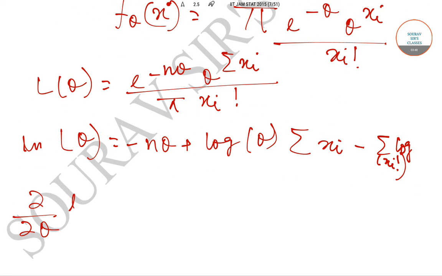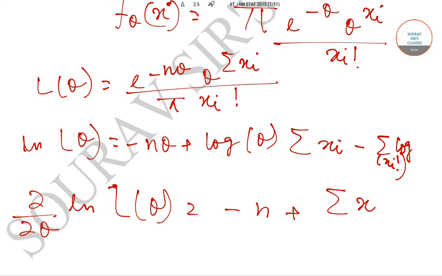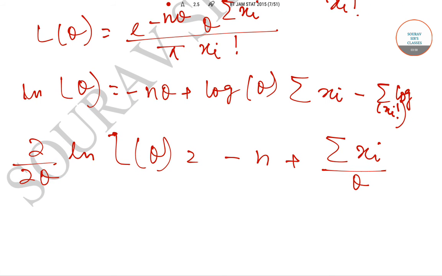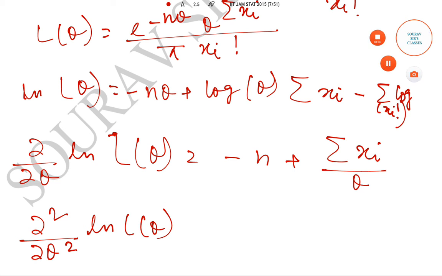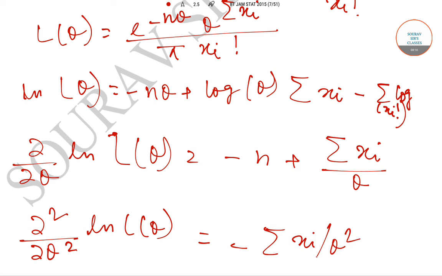Del theta of ln L theta is equal to minus n plus summation of xi by theta, and this gives us del 2 ln L theta is equal to minus summation of xi by theta square.